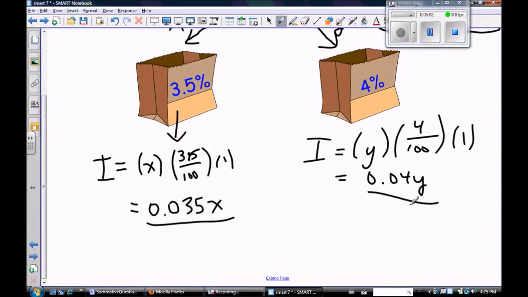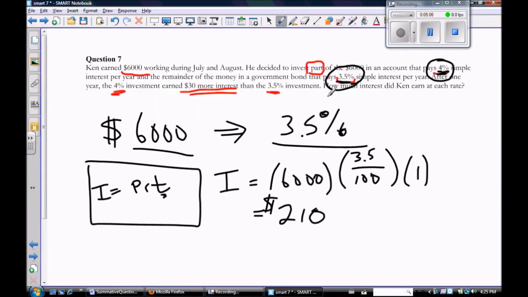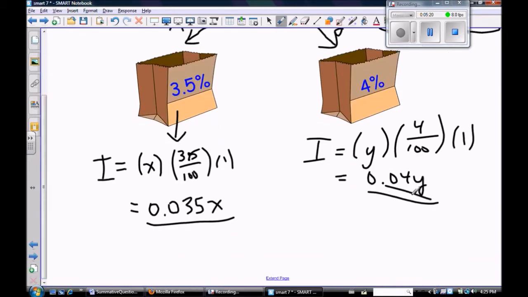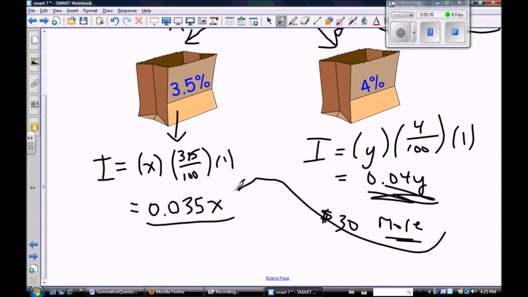Do I have a relationship between them? Let's go back to the wording of the question. I'm told that the 4% investment earned $30 more than the 3.5% investment. Oh, so see this amount here. This is what he earned from this investment, and it is $30 more than this investment.